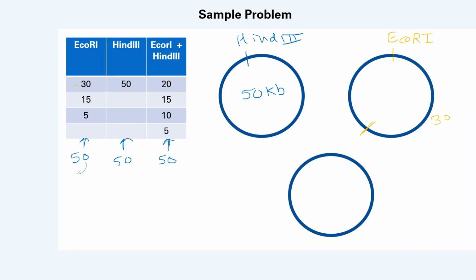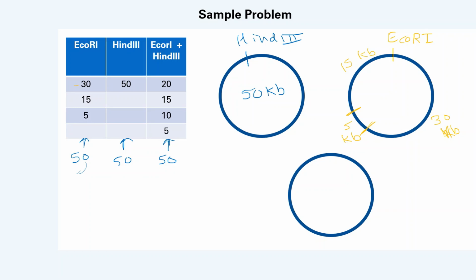Again, it's just an estimation. So this is 30 kb right here. And then the second fragment is 15. So 15, that's about this size, 15 kb, again estimation, and then 5 kb. So these are the three fragments you're getting with the EcoRI digest.